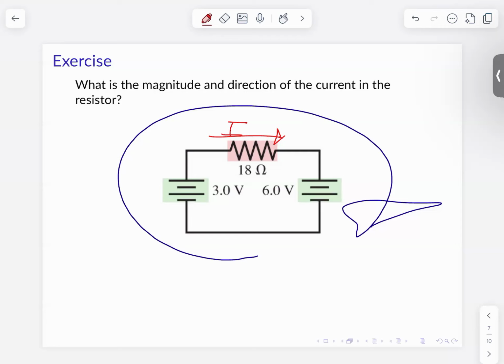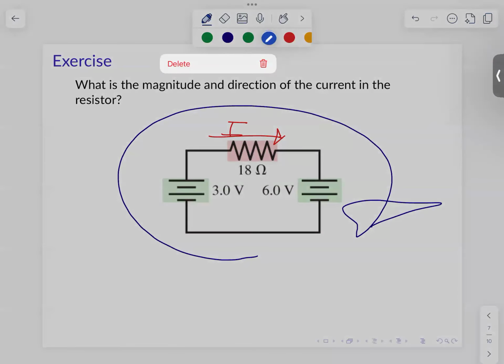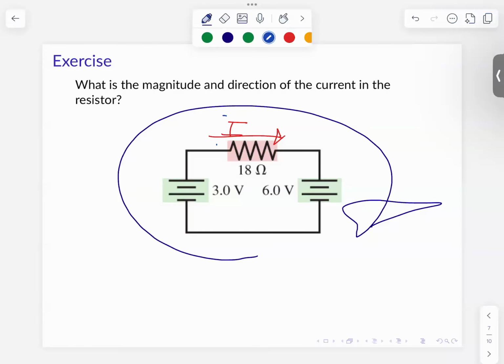Which is the higher voltage side? Left. So this is the plus side of the resistor. Resistors don't actually have positive and negative sides, but I'm just going to indicate here that if this had a polarity, it would be positive to negative. Current is flowing from high to low.